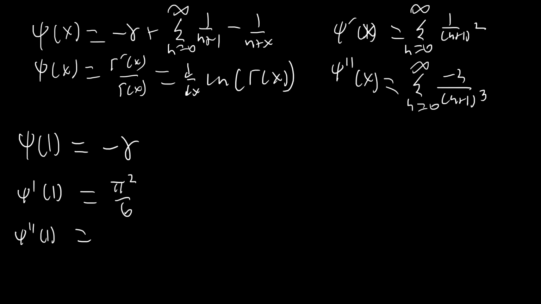So we're just going to have negative 2 zeta of 3. And we can just go ahead and keep going if we want, since these are actually super easy to evaluate. So that's another advantage to using the digamma function instead, because its successive derivatives are just equal to values of the zeta function. So here we're going to just get 6 times pi to the 4th over 90.